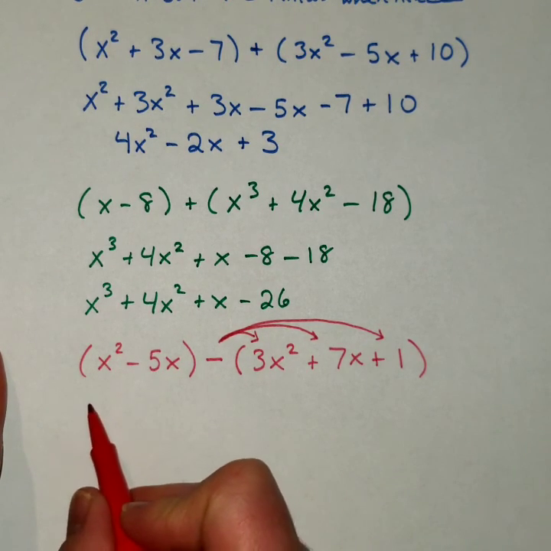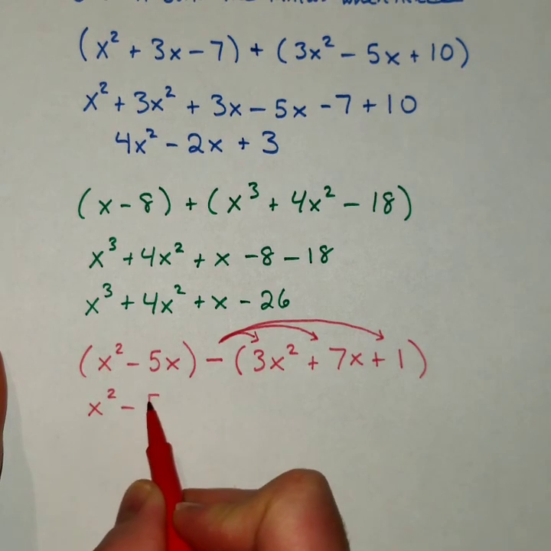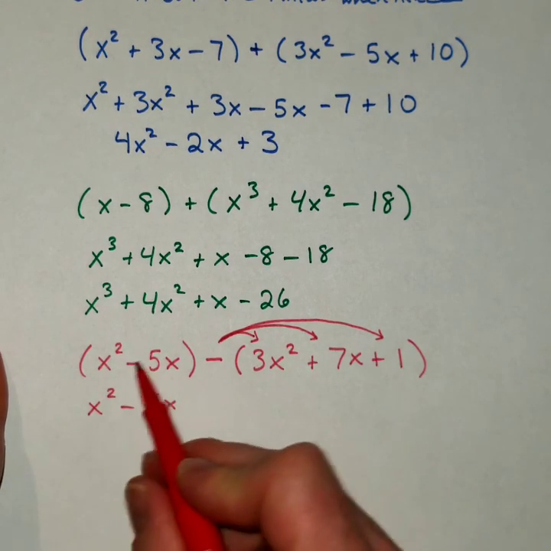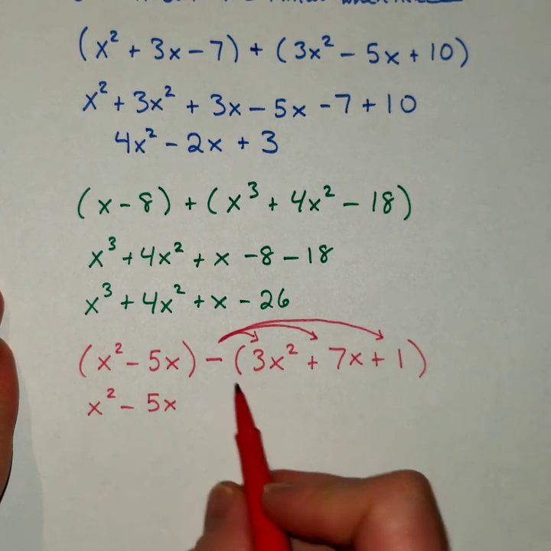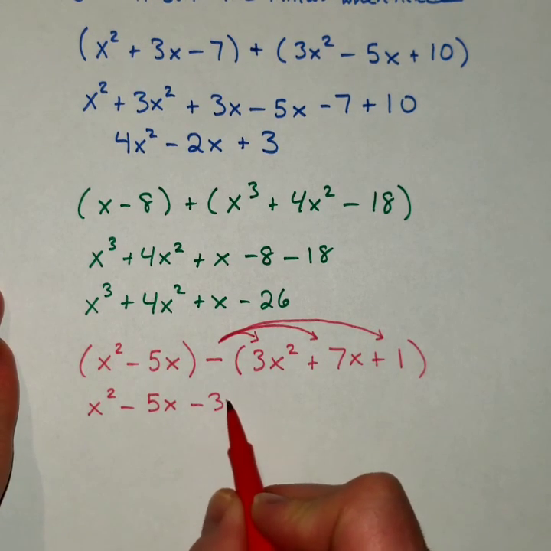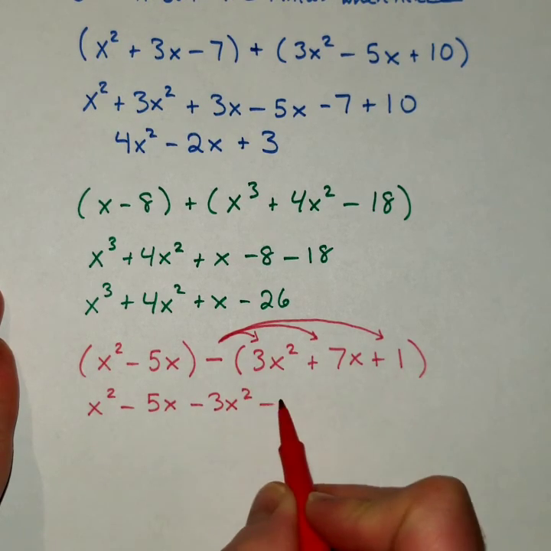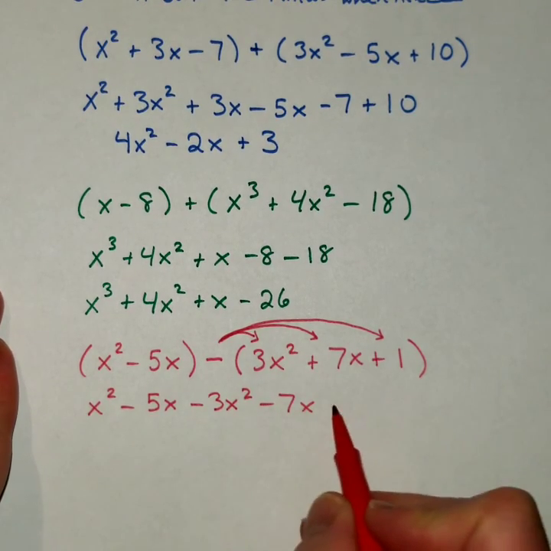If I rewrite this out using that idea, the first polynomial just stays the same. Then here I change all the signs. So this will be negative 3x squared, a negative 7x, and a negative 1.